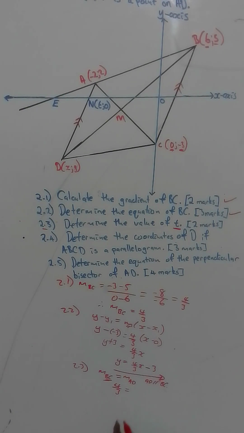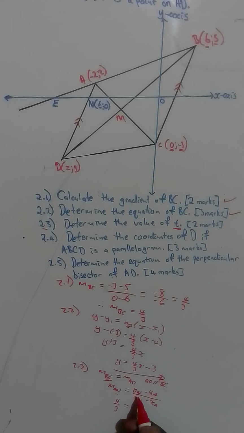So it becomes YN minus YA all over XN minus XA. So here it would be the gradient of line AN, and the gradient is 4 over 3. We don't have to calculate that.